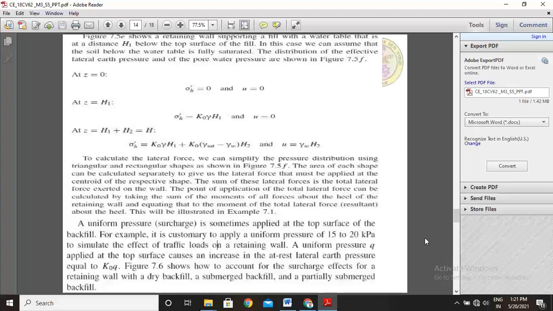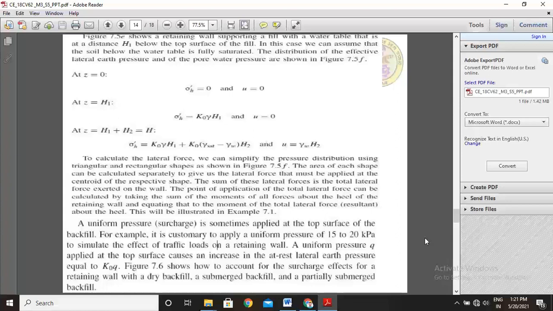The point of application of the total lateral force can be calculated by taking the sum of the moments of all the forces about the heel of the retaining wall and equating that to the moment of the total lateral force resultant about the heel. This will be illustrated in example 7.1 next class.